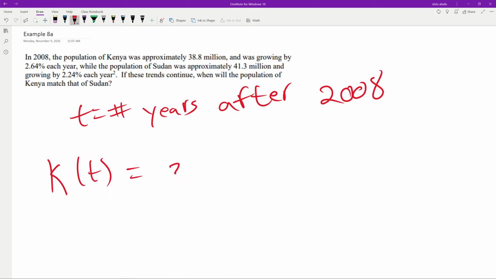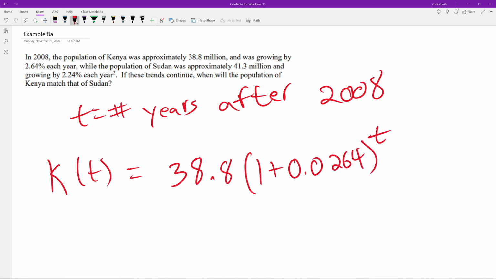The initial population here was 38.8 million, so we're going to write an equation that'll give us an answer in terms of millions, times 1 plus 2.64%, which is 0.0264, raised to the t power.